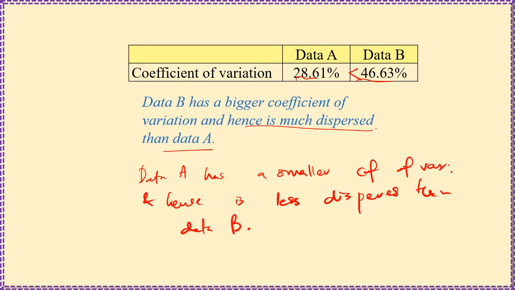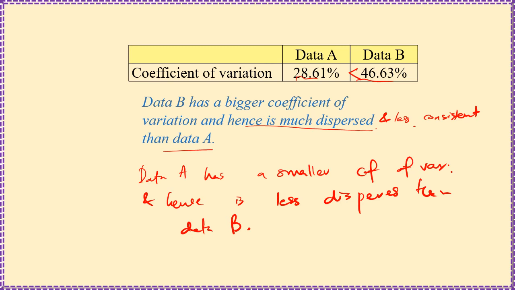You can also say that much dispersed means less consistent, we can also use less consistent. But much dispersed must be put. We can write down much dispersed and less consistent. We cannot just directly write down less consistent. We need to put much dispersed.